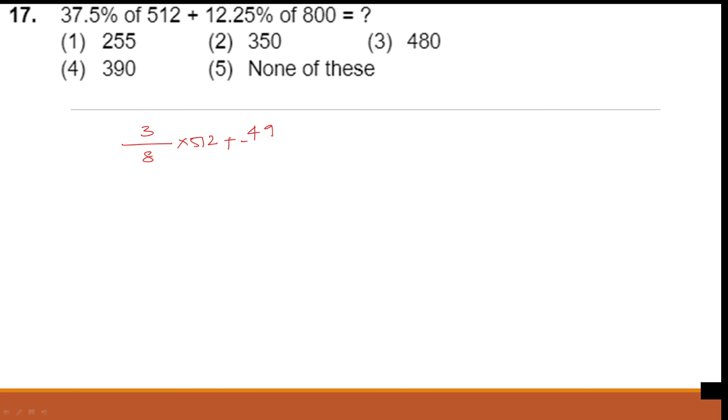We can write it as 49 by 400. So direct value into 800. So this is of 2 times, and this is how many times? 6 and 4 times. 3 64s are 192 and 49 2s are 98. Now the answer is 290. Sorry, yes, 290 is the answer, but there is no answer means, so 5 is the option.